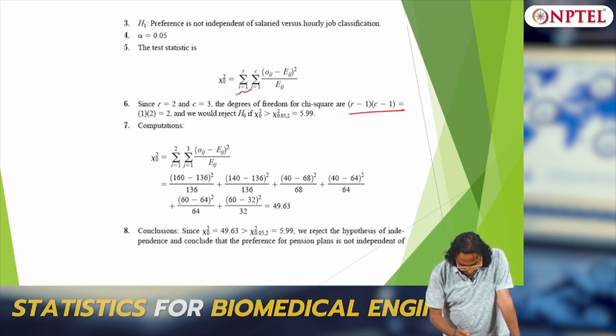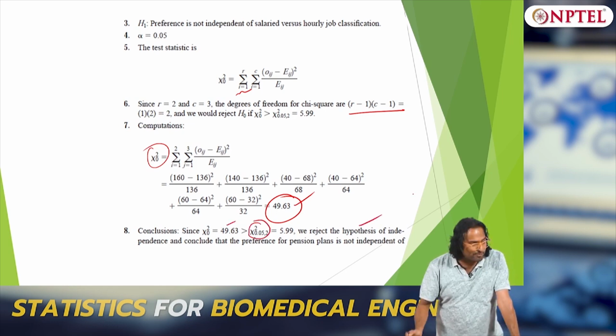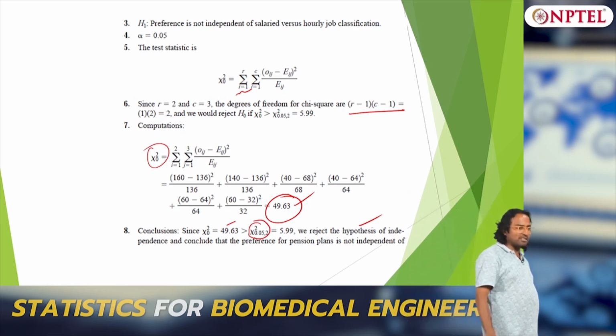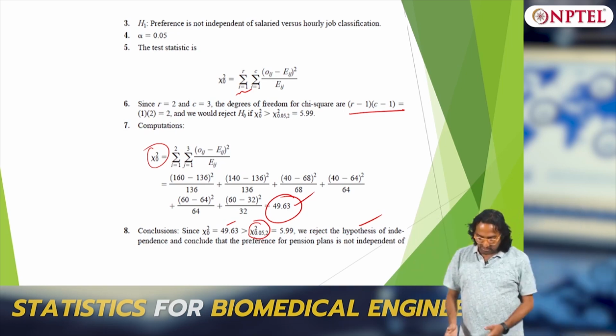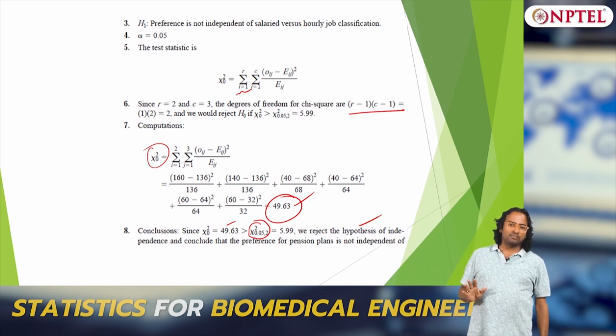Okay. So I have the chi square calculated, and the chi square computation is 49.63, and since 49.63 is greater than chi square of 0.05 comma 2, we reject the null hypothesis, because obviously from the start we should know salaries and pension plan will be related. That is what the data is also revealing, that they are not independent.